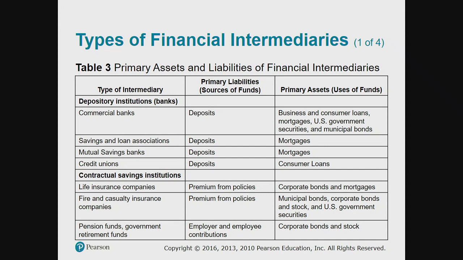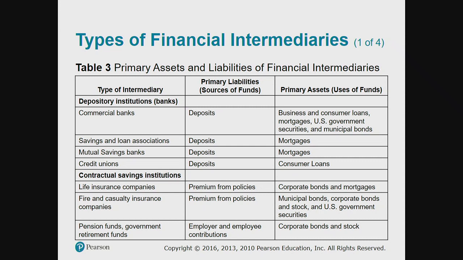Here we have all the different types of financial intermediaries. You have depository institutions, so these are banks, savings and loans, which you almost never hear of anymore, and credit unions. Basically, you put your money into an account there, and they make money by turning around and lending it out.